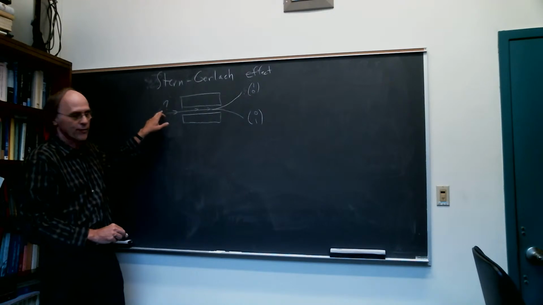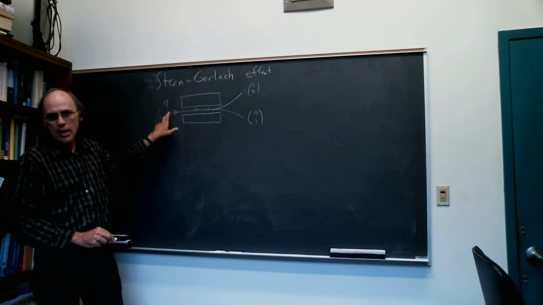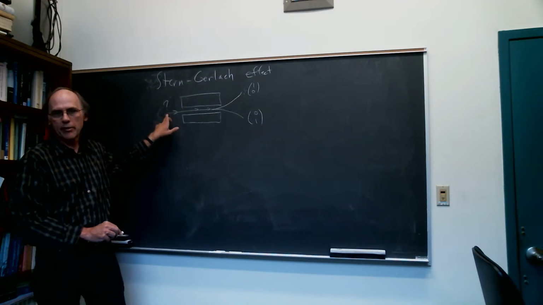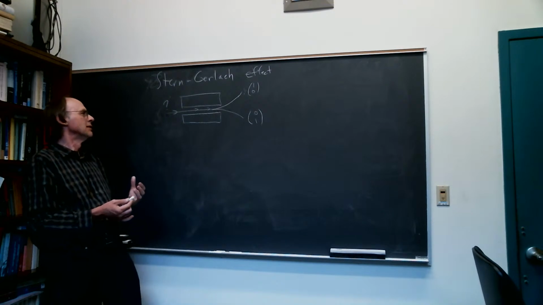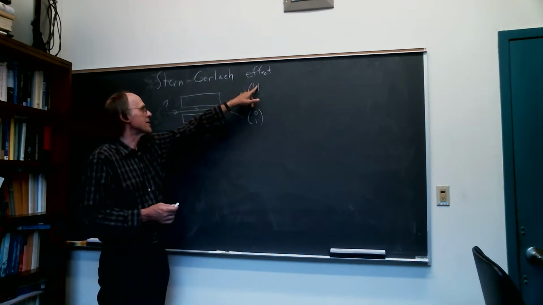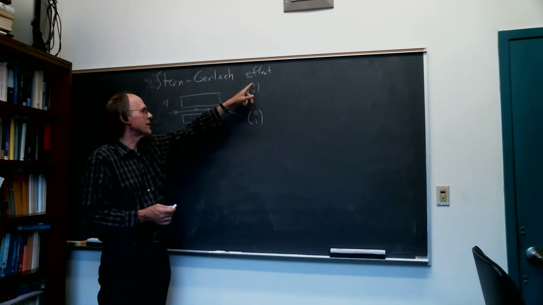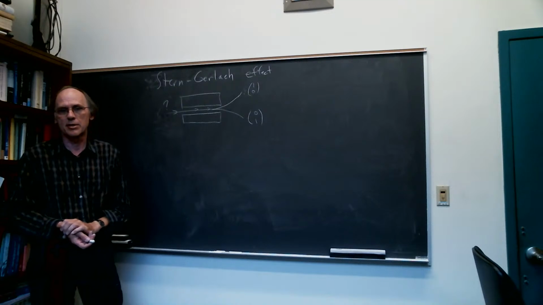If somebody just feeds you spin half particles, and you don't know exactly how they're made or anything about them, then you don't know what their state is. It's some linear combination of these guys, but what linear combination, who knows?